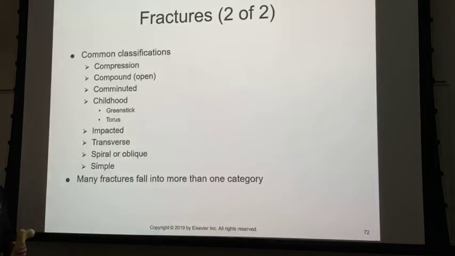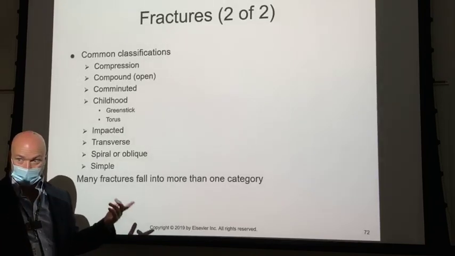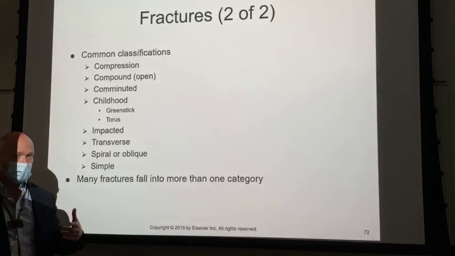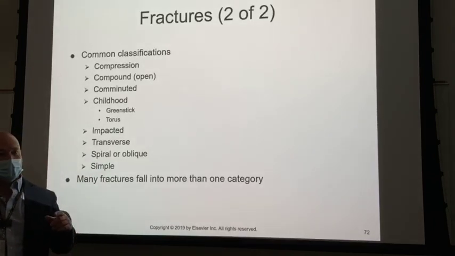Childhood fractures, kids' bones don't break in the same way ours do. Our bones are completely not flexible, and kids' bones will bend a little bit before they break. A greenstick fracture is just kind of a graphic illustration of how kids' bones will sometimes break. You walk out to a tree and try to tear a limb, just a twig, off of a tree.